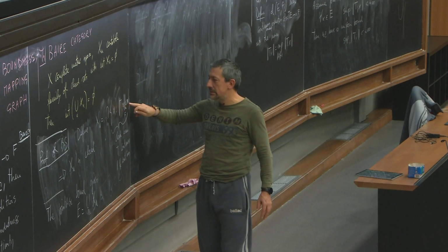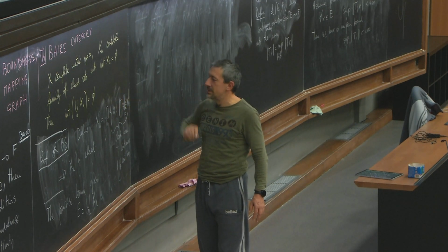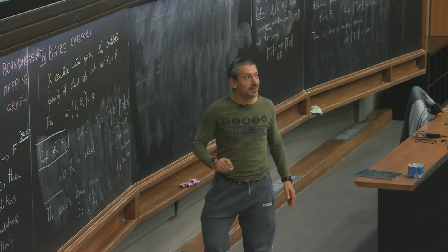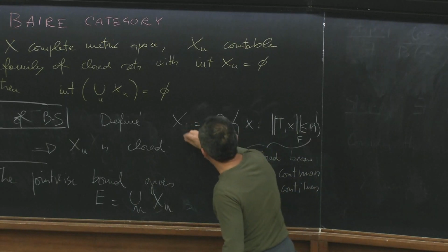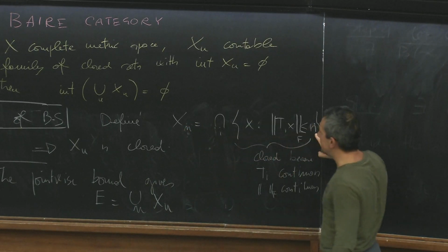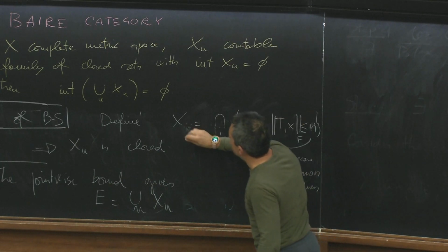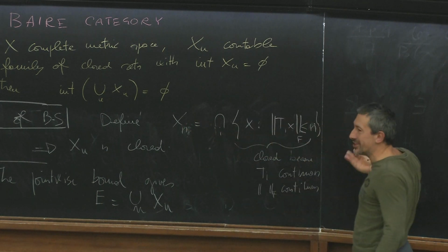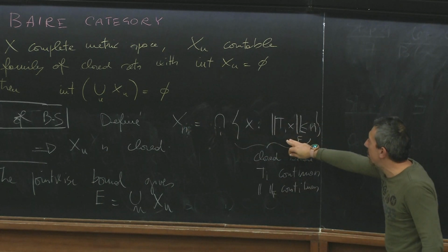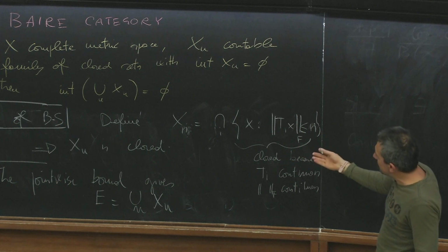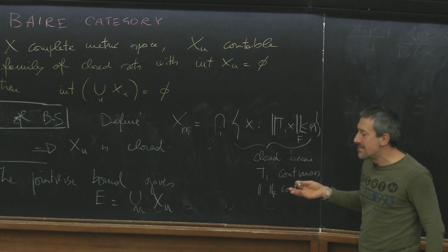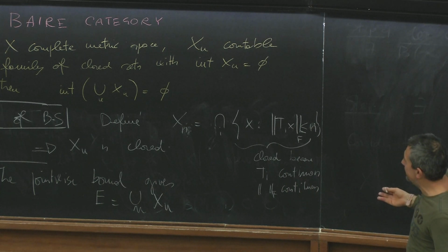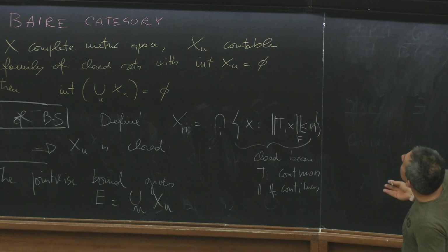It's n. You fix n, which is an integer, and you take all the points such that all T_i are bounded. It's okay, no? I am confusing m and n.